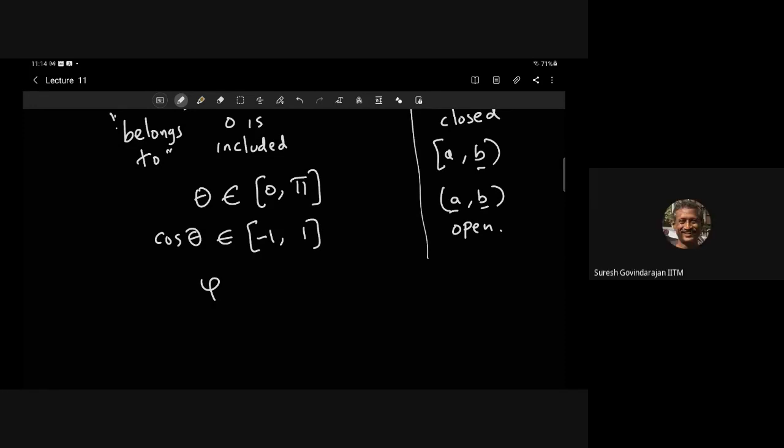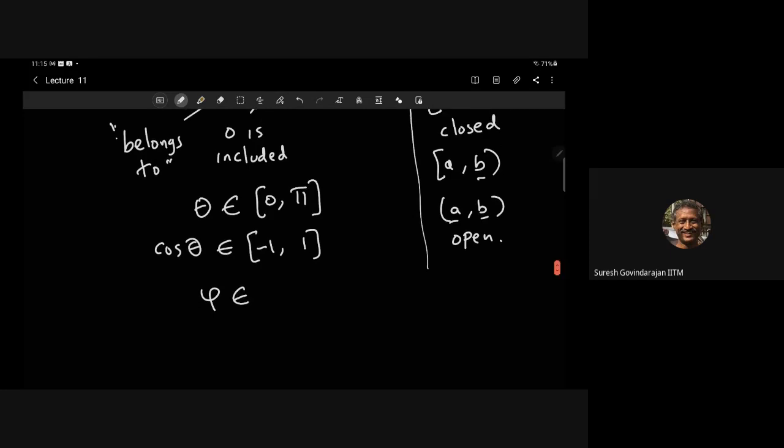Kaushik Pal? What is the range of values for the azimuthal angle phi in spherical polar coordinates? Sir, 0 to 2 pi. It should be. Correct. I don't know where pi by 2 came from. But a question here is, is it open, closed, or mixed?